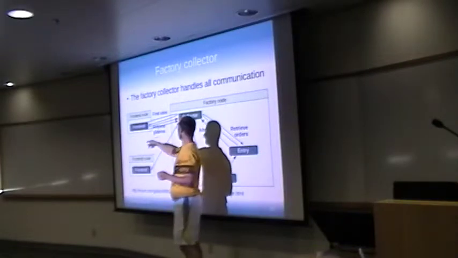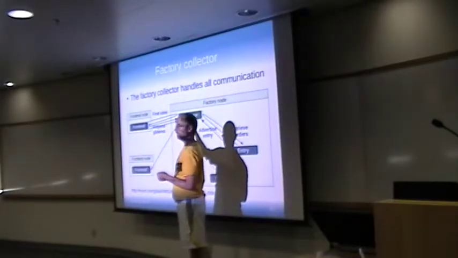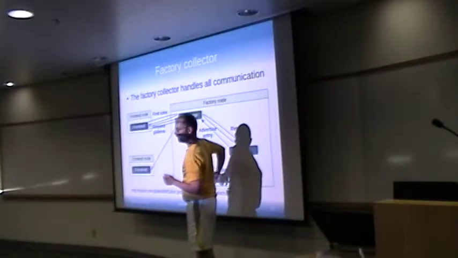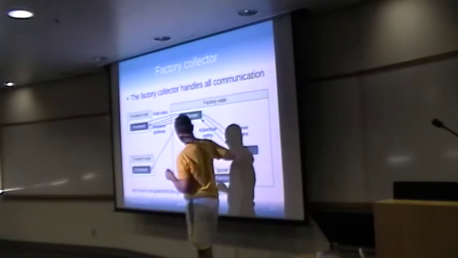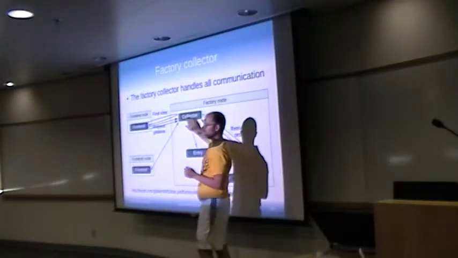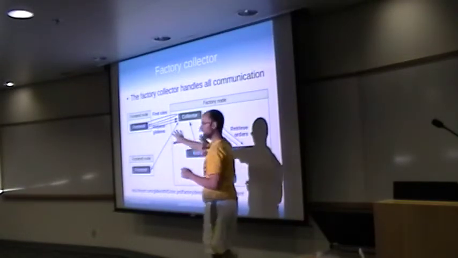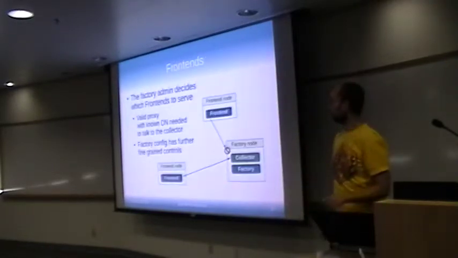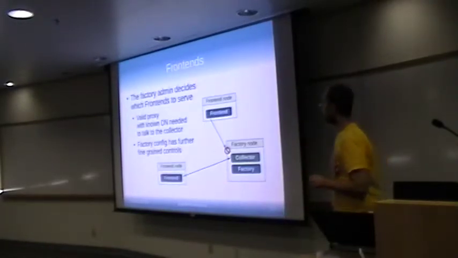It's all outbound connectivity to the collector. So all the security, all the access control is handled here, which has a nice property: you don't have to worry too much about security bugs in the various daemons, because if a request doesn't pass this one, the daemons will never see it. So it's a good first line of defense.